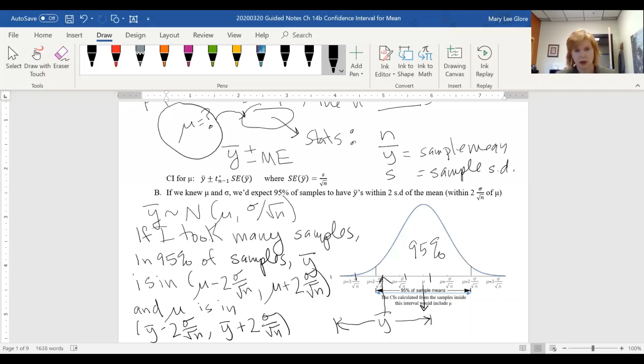All right, so if I knew sigma, then I could use this as my confidence interval, just take the mean that I got from my sample and add a couple standard deviations. But here's the deal, I don't know sigma either. I use S, the sample standard deviation, as my estimate of sigma, the population standard deviation, but that is going to change things.